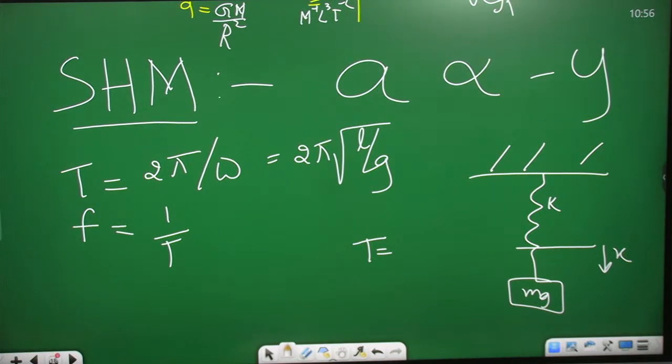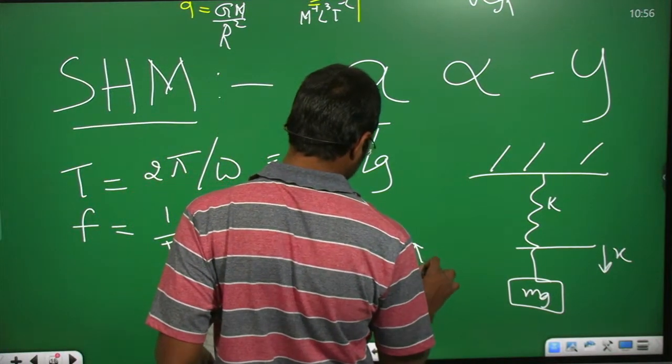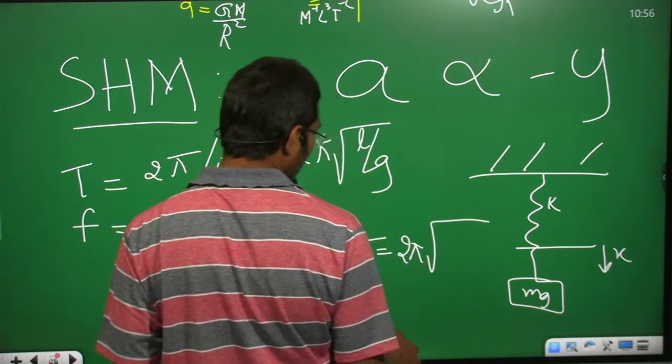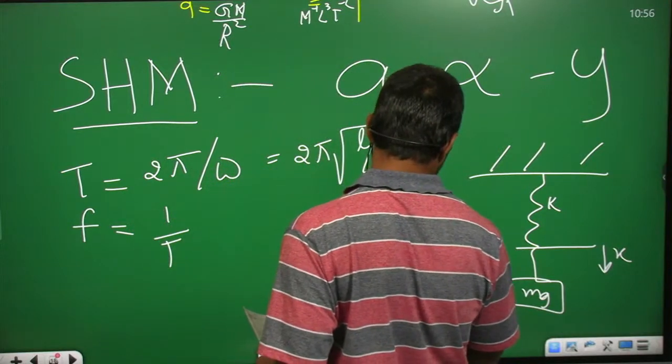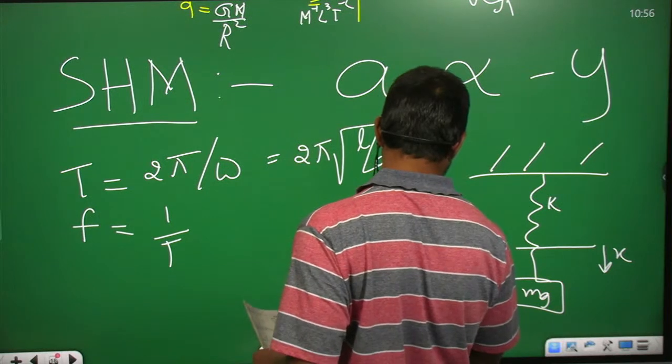Okay, you are right. See, this is nothing but 2 pi under root m by k. 2 pi under root k by m, I guess.